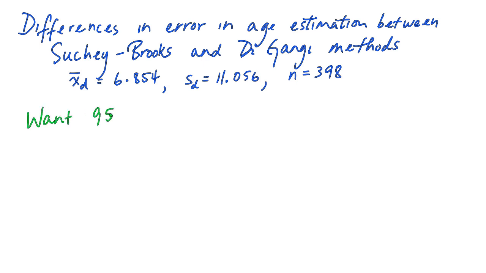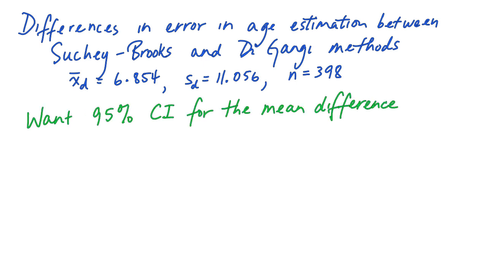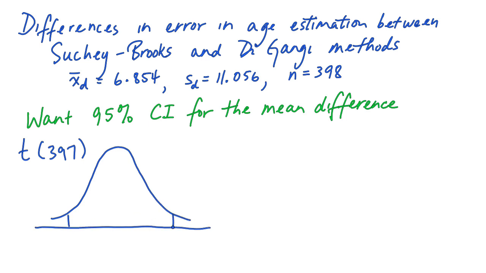Suppose we want to be 95% confident that we capture the true mean difference in our interval. Since we have differences for 398 skeletons, we'll need the values from a t-distribution with 397 degrees of freedom, so that the area between them is 0.95 or 95%. These critical values that we need are negative and positive 1.966.